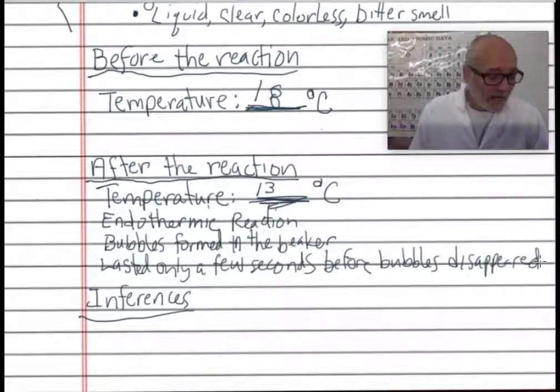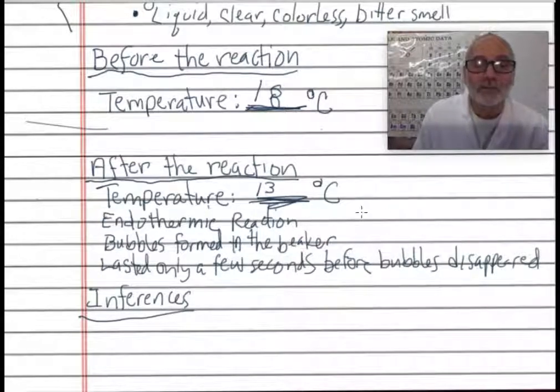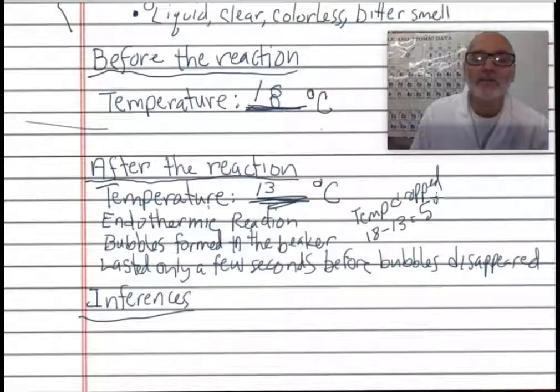Let's see. Up here, because we know it's an endothermic reaction, one thing I also noticed was that the temperature dropped. Let's see, 18 minus 13 equals 5 degrees Celsius, right?